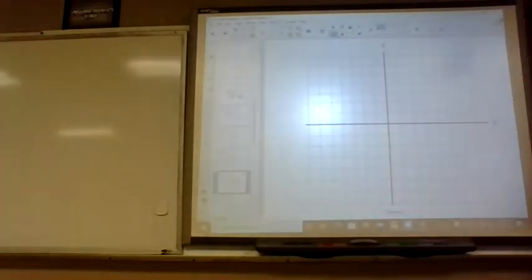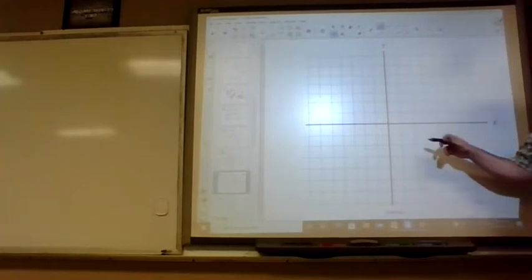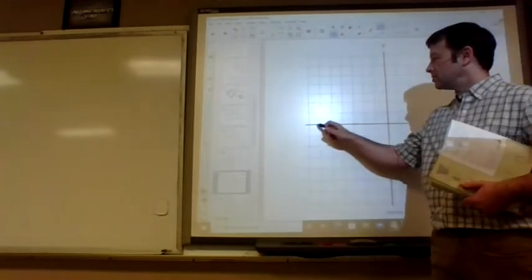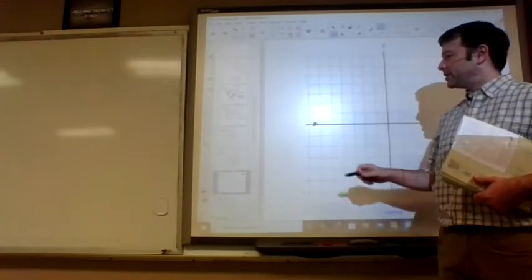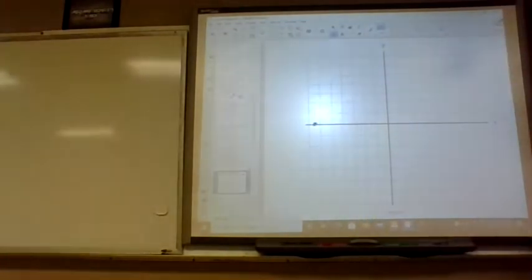The negative 4 minus square root of 6, that's negative 6.4. On my graph, that's about right there. Anybody plug in negative 4 plus square root of 6? Negative 1.55.